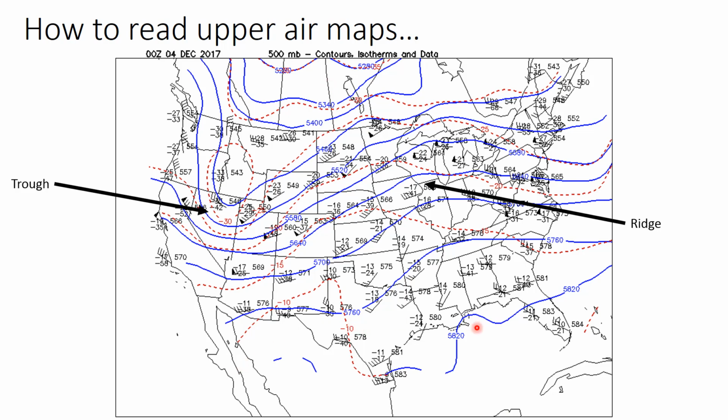If you notice, this lowest one was 5820, then 5760, 5700, 5640, 5580, and keep going up. Basically, as you're increasing in latitude, meaning getting further away from the equator, these heights are decreasing.